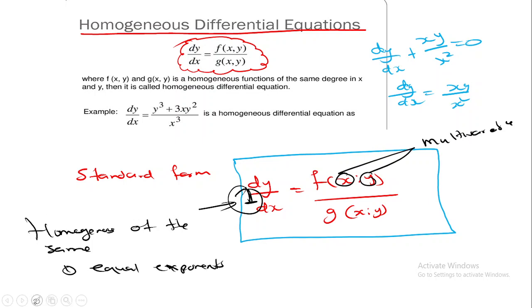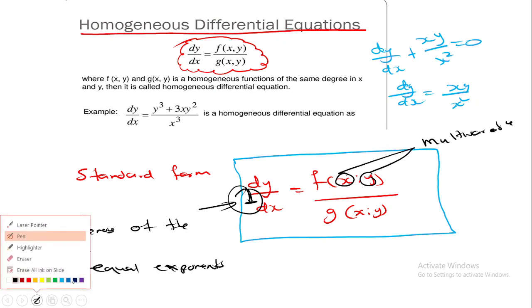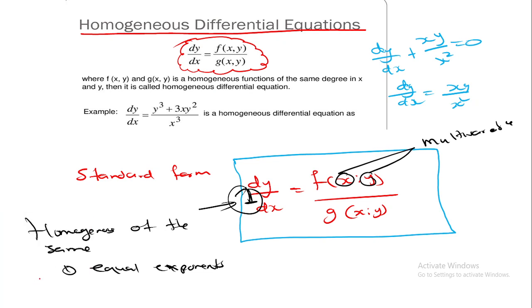So we use what we call a short test to verify that our equation is homogeneous. For example, let's look at this one here. We have dy over dx raised to the exponent 3, plus 3 multiplied by x raised to the exponent 1, and then y squared. It means we have 1 plus 2, which gives us 3. The exponent is the same.